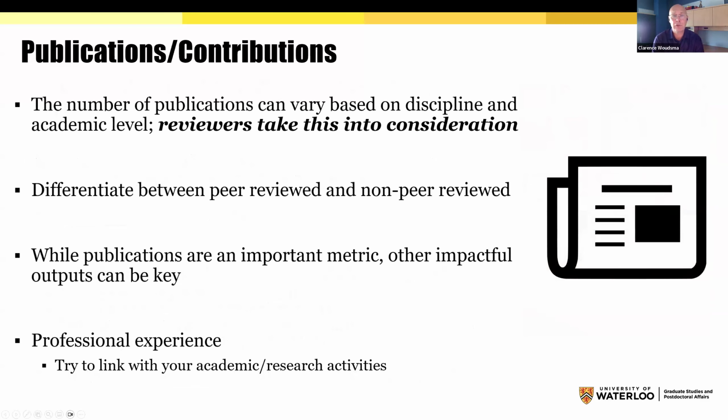In terms of the publications, this is something that often causes consternation when students start talking to one another and thinking about their own experiences and what they've contributed to academically. And the levels of output and dissemination vary widely from discipline to discipline. You might be working in a very applied field.